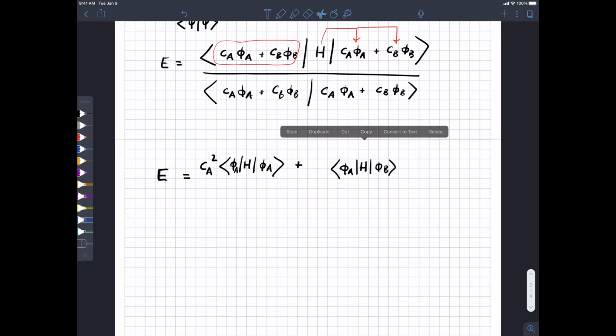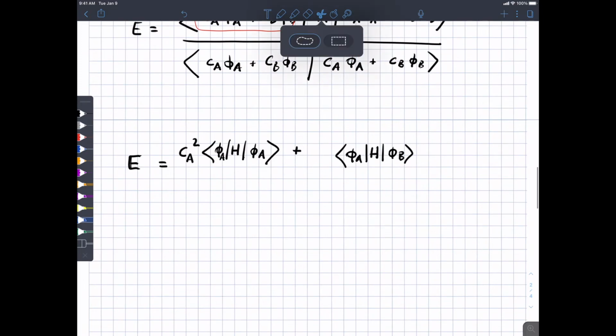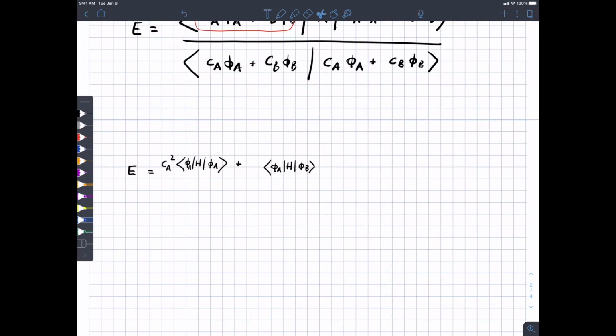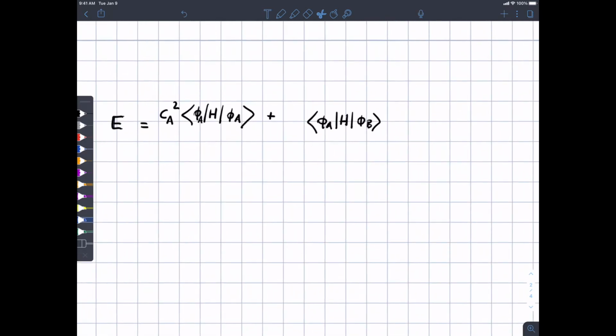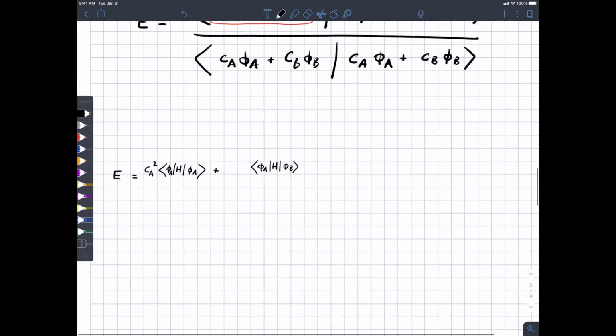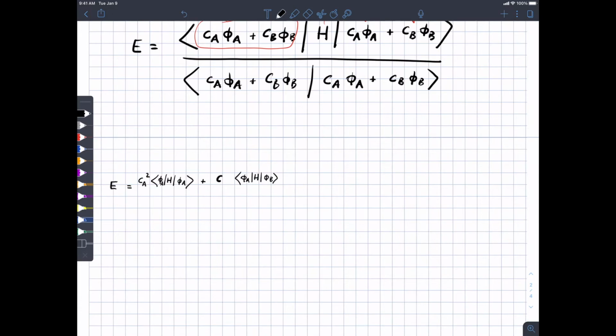And I can see I'm going to run out of space, so I'm going to do what you can't do on paper, which is shrink. And as before, we're going to have CA times CB there.